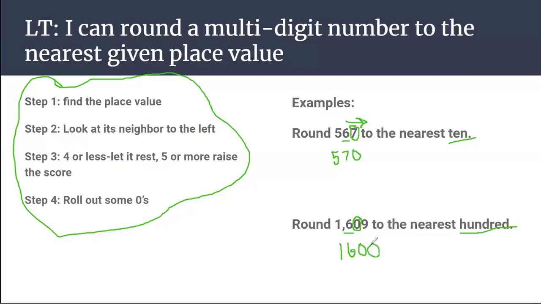Okay, so when I round 1,609 to the nearest 100, I get 1,600. Another way to look at it, is it closer to 1,600 or 1,700? Well, it's definitely closer to 1,600 because it's only 9 away, okay?